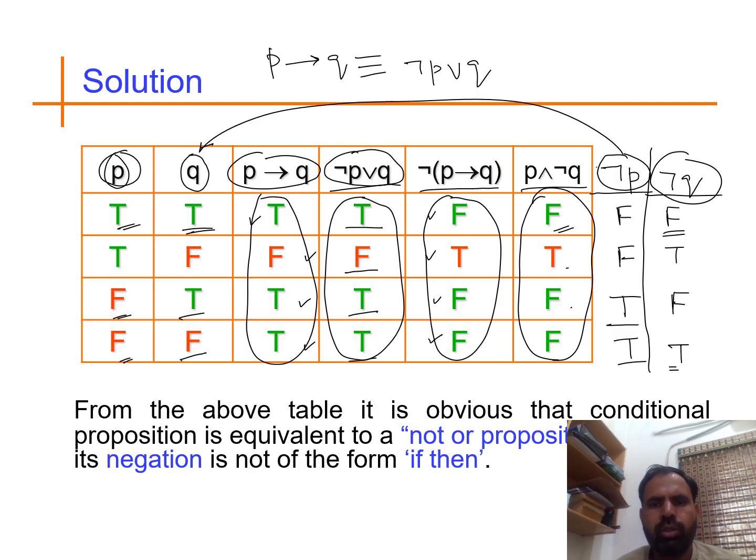This is the solution of this. These are the values of P and these are the values of Q. I already marked all these values. P implies Q has these values.